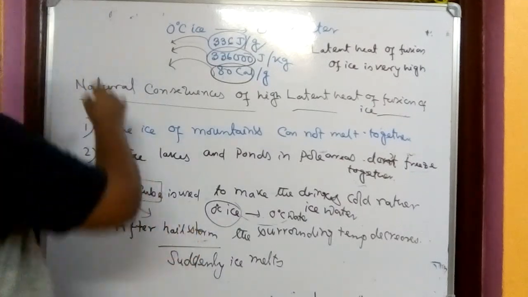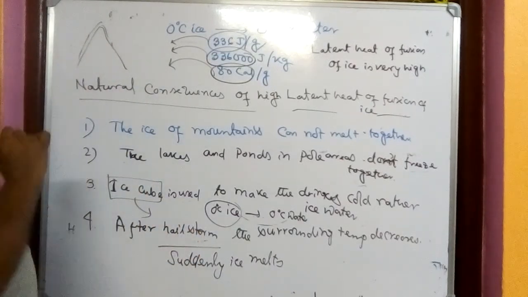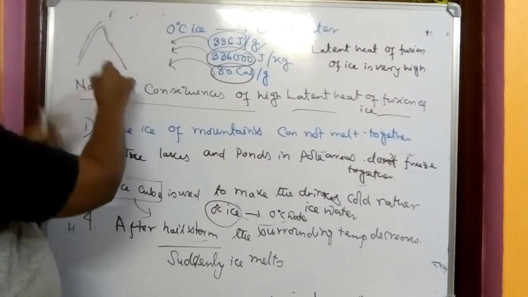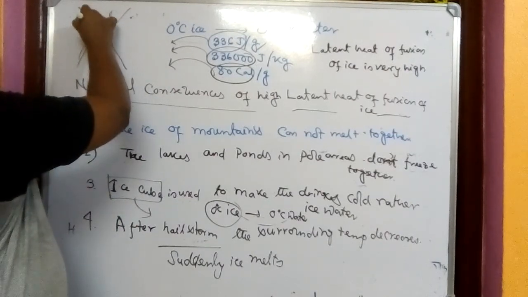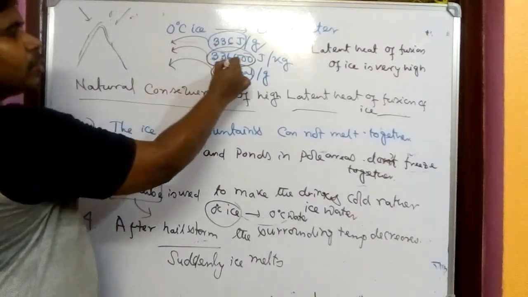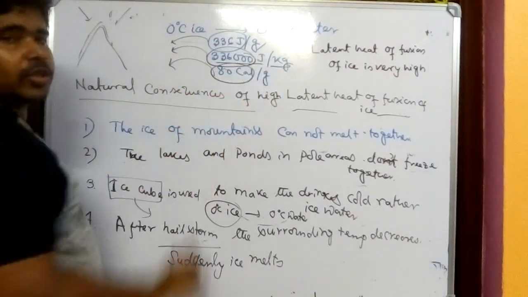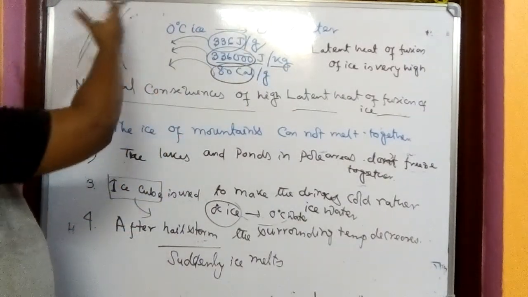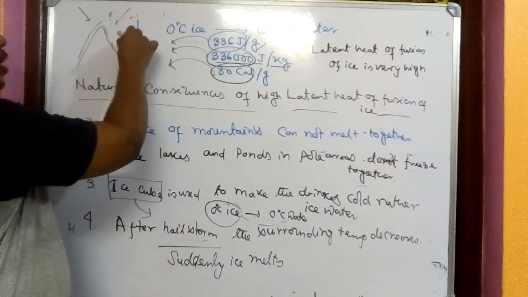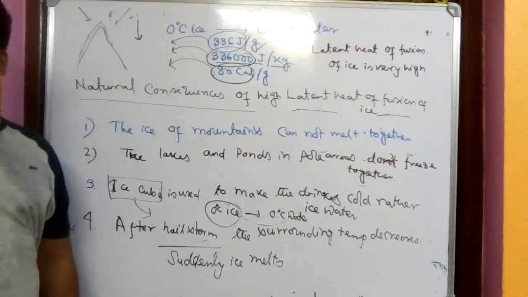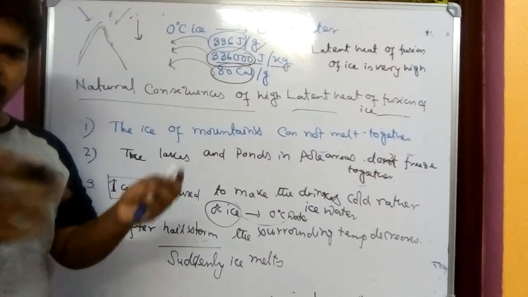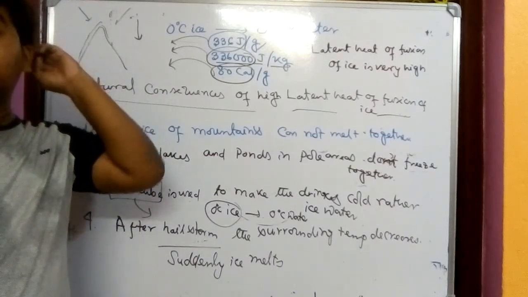Assume one mountain is there which is full of ice, and it melts due to some natural phenomenon. To change the state for melting, it needs this much amount of extra heat energy per kg. So from where will the heat be taken? It will be taken from the surroundings. As the heat is taken from the surroundings, automatically the temperature of the surroundings goes down. So due to hailstorm, mainly in polar areas, the surrounding temperature goes down suddenly.